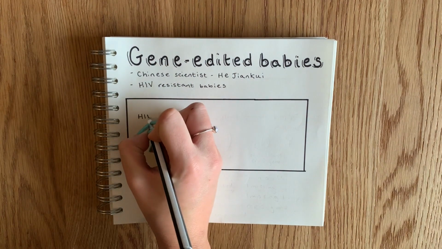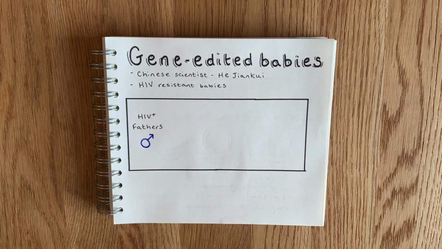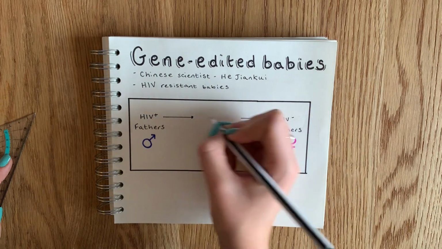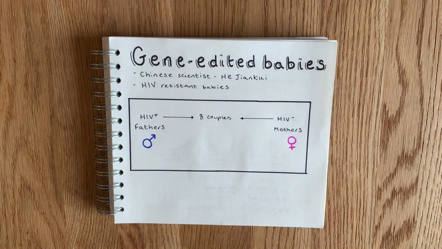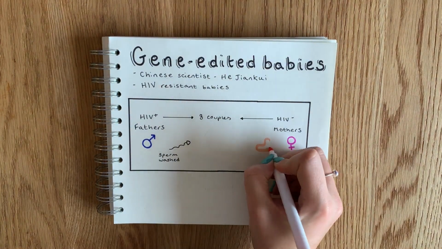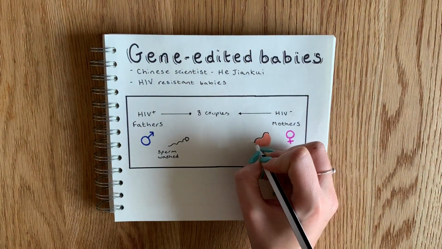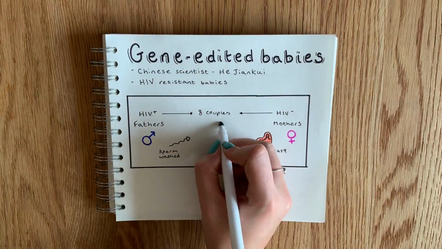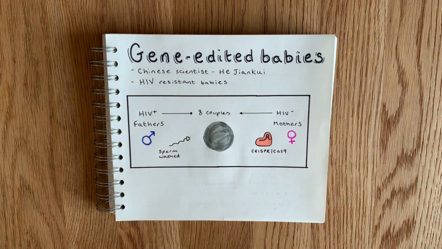So in this study, they took HIV positive fathers and HIV negative mothers, and in total they had 8 couples. First what they did was they would wash the sperm, and this was to ensure that no HIV was present in the sperm. And then the sperm, along with a CRISPR-Cas9 enzyme, was injected into an unfertilized egg from the mother.